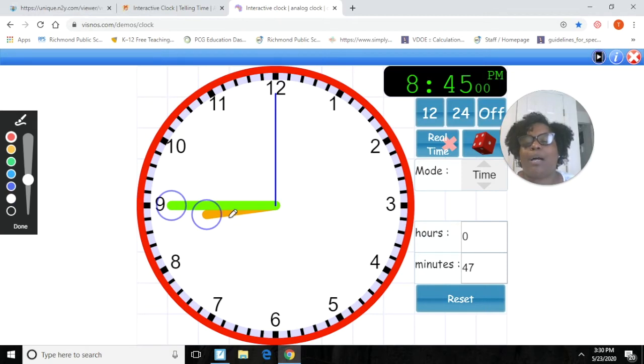So we know that it's not directly on 9, so we're still in that 8 o'clock hour. So we know that's 8. So now we need to see what the minutes are. So how do we do that? We're going to go 5, 10, 15, 20, 25, 30, 35, 40, 45, 8:45. Okay?